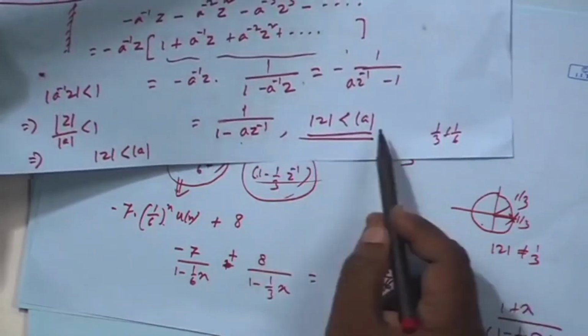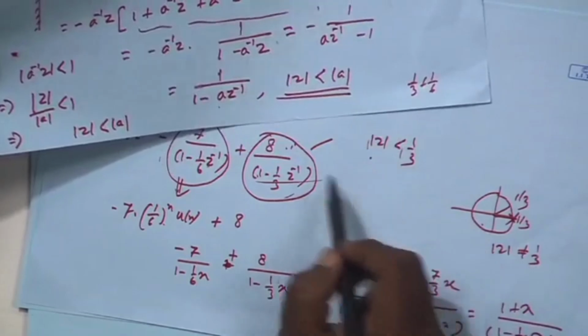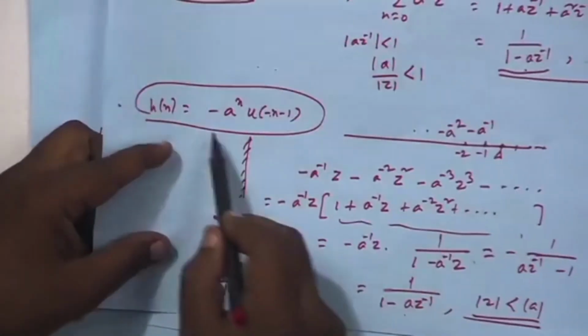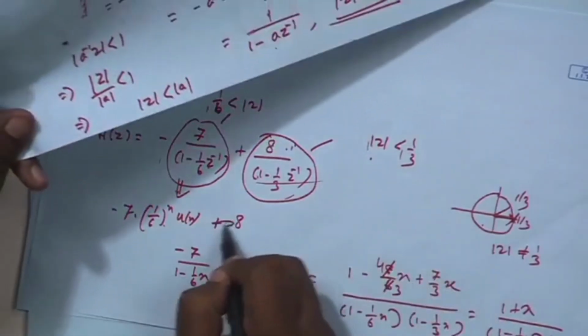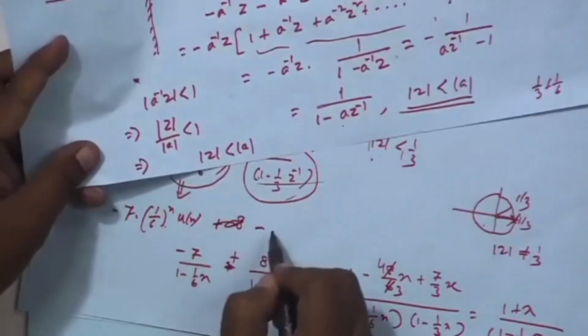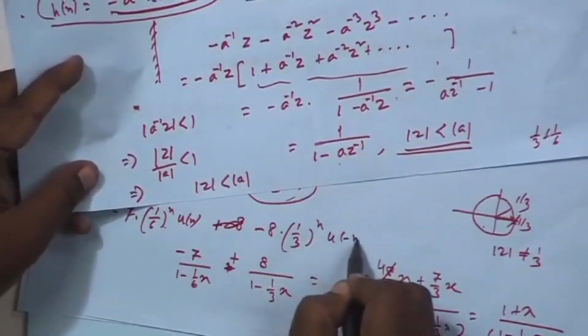So, mod a is same as a, because 1 by 3 is positive real. Okay. So, this will have this kind of sequence as inverse Z transform. So, it will give rise to minus 8 as it is, a to the power n, a is 1 by 3. So, 1 by 3 to the power n u[minus n minus 1].